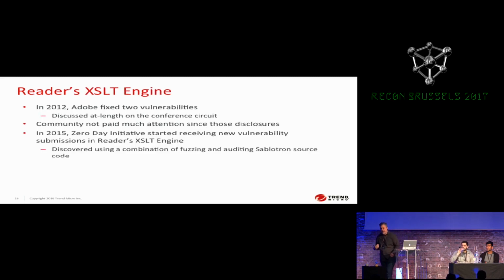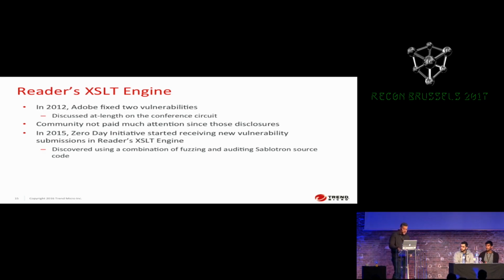If we look back at the vulnerabilities that have occurred inside of Adobe Reader's XSLT engine, we can see back in 2002, Adobe fixed 2 vulnerabilities in this engine, and we'll talk about those bugs in a second. They've got an interesting backstory that affects the latest patch that Abdul will talk about. These were discussed at length on the conference circuit, but the community really hasn't paid attention to this code base much since those discussions.